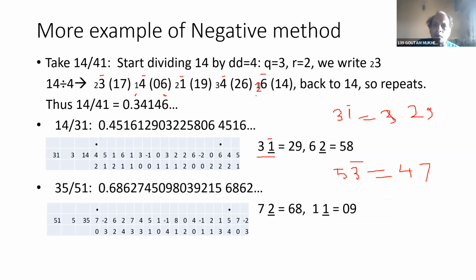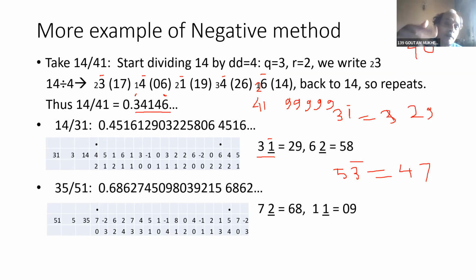So this is because 41 is a factor of 99999. And that becomes very, very long. In case of 41, we could have expected up to 40 digits of repeating cycle, but it is only 5.